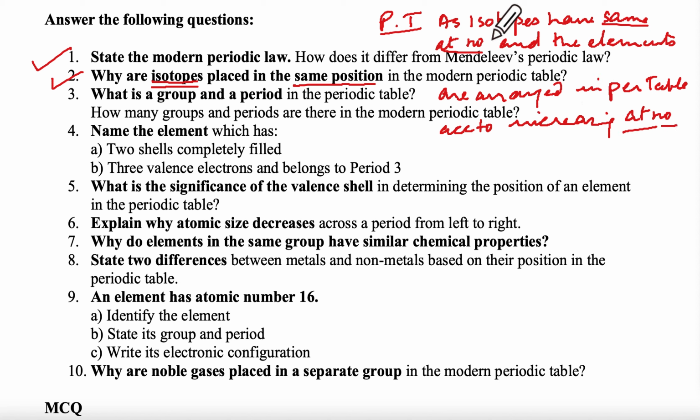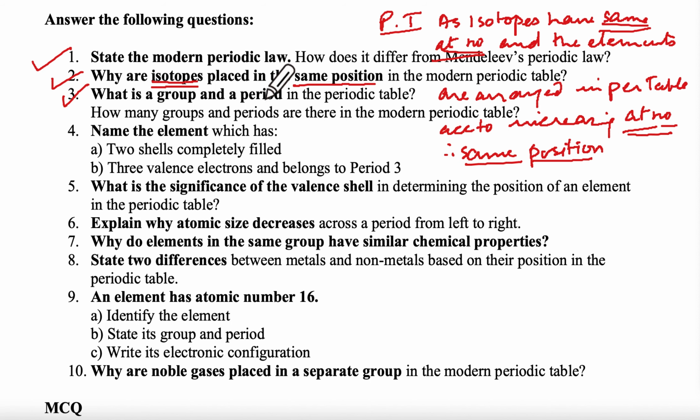So they have same atomic number. I don't care about the mass or neutrons, but same atomic number, and in the periodic table they are arranged according to the atomic number, therefore same position. Did you understand? We don't have to bring in the atomic mass or the mass number. Yes, ma'am.